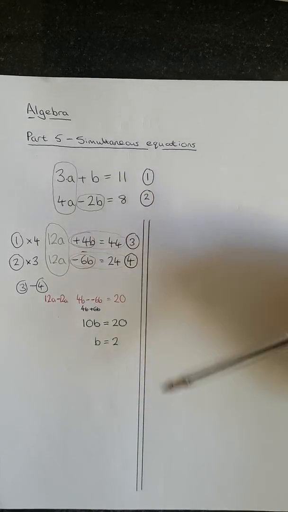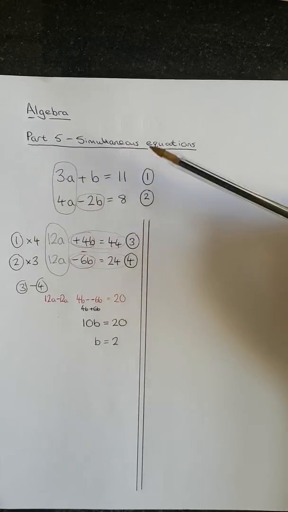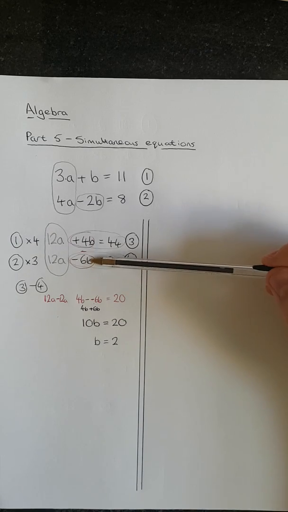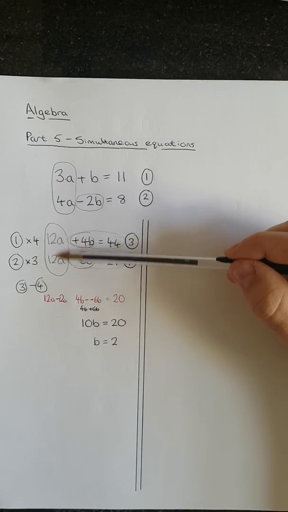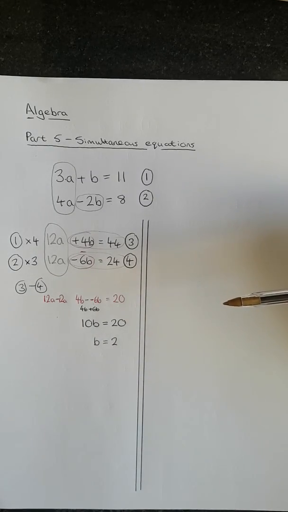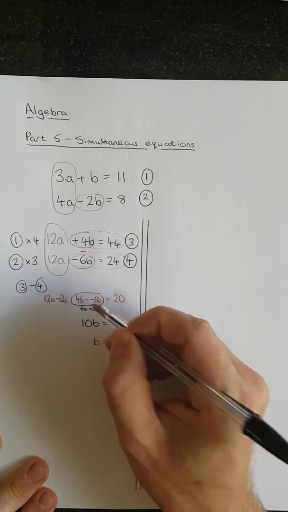Well, let's go through this again and see what we've done. We had a negative, but we ignored it first. We made our a's match. We had a negative still, we ignored it. We did a subtract to eliminate a. The one place that we dealt with the negative was in here.